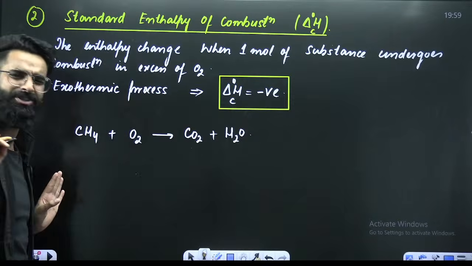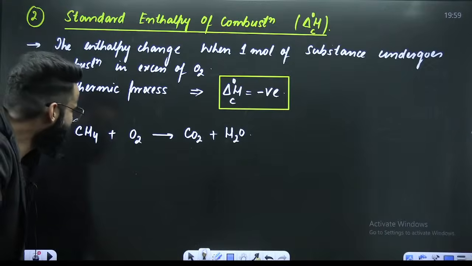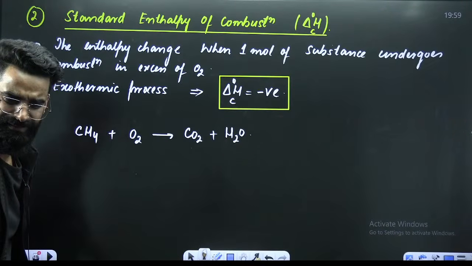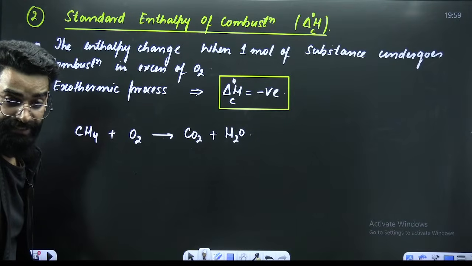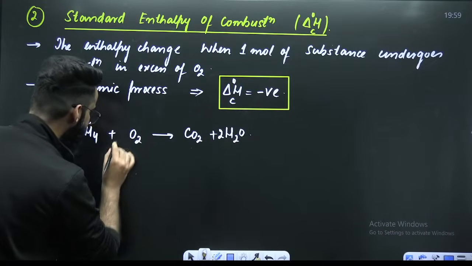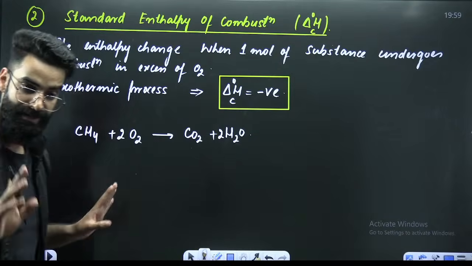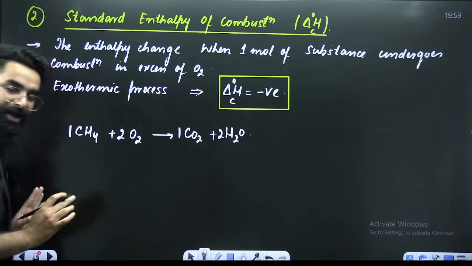This is a general reaction I have written. Tell me one thing, is this reaction balanced or not? I don't think this reaction is balanced. This reaction needs to be balanced. So make this 2 times, make this 2 times. Now the reaction is balanced. This is 1 here.